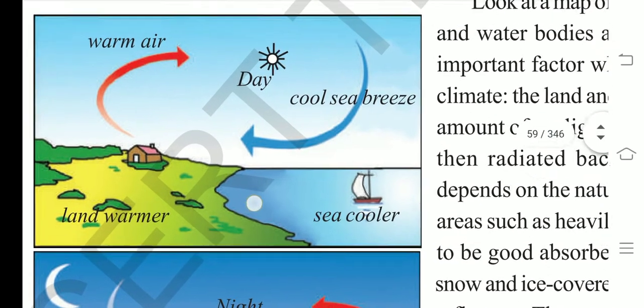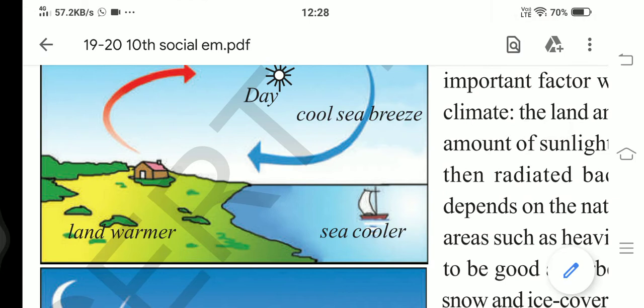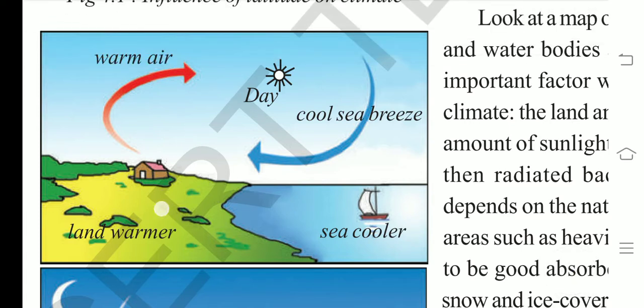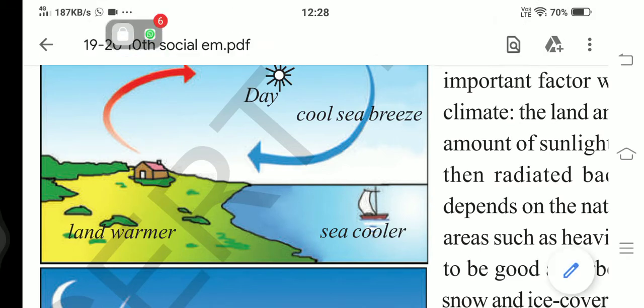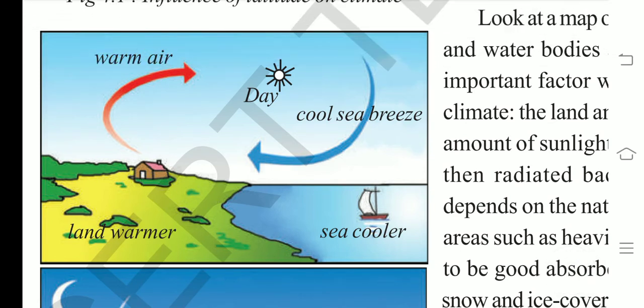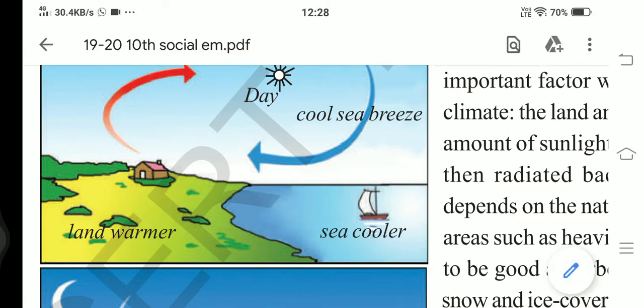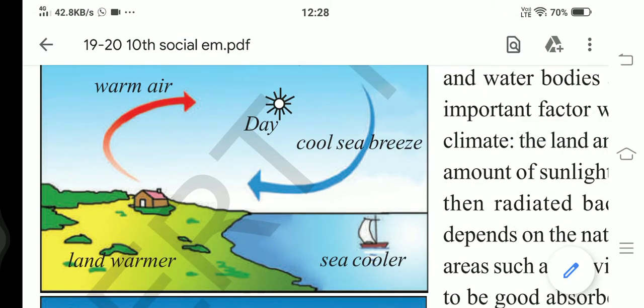Look at this figure I am pointing to. In the daytime, due to the temperature difference between land and water body, cool sea breezes form over the water body and warm air forms on the land.